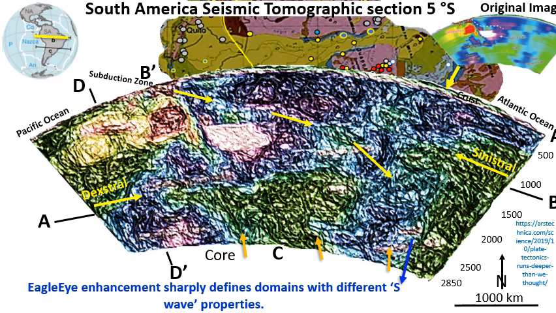EagleEye enhancement sharply defines domains with different S-wave properties. The big difference between the EagleEye section and the original image up in the right-hand corner can be clearly seen. There is no structural geology at all on the image that is generally used by geophysicists.